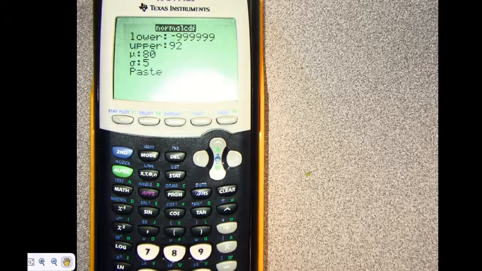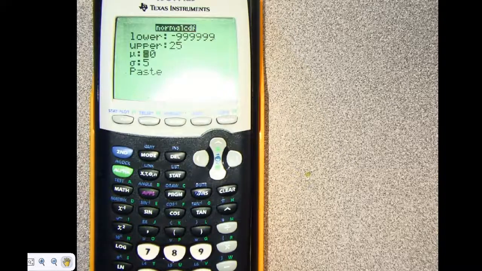I'll explain why that is in a couple minutes. The upper is going to be what Joe got. So Joe got a 25. Basically, we're trying to figure out what percent of people got lower than 25. So going from 25 all the way down to negative a billion, or negative a million, just to make sure I'm getting all the outliers or endpoints.